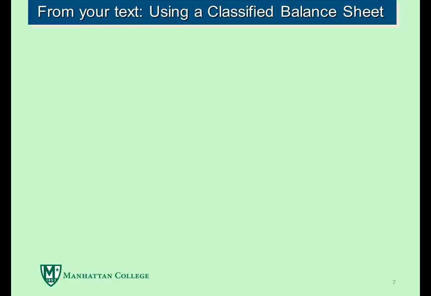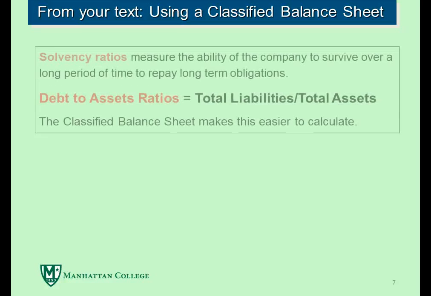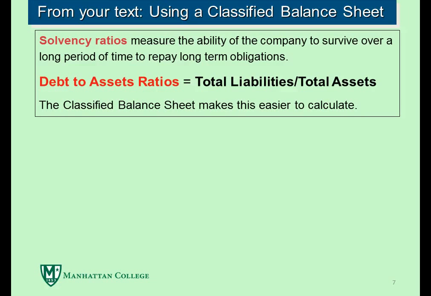From your text again, we can use classified balance sheets not only to calculate liquidity with the current ratio, but we can calculate solvency ratios, which measure the ability of a company to survive over a long period of time to repay long-term obligations. The debt to total assets ratio, I like to call this the other people's money ratio. How much of other people's money do we use to finance the resources or assets that we control?